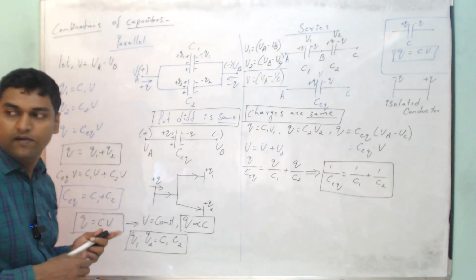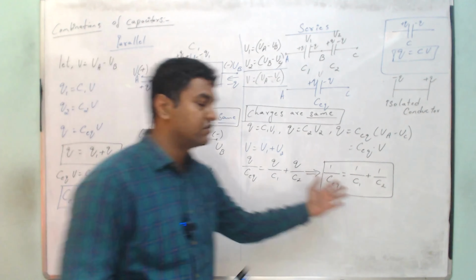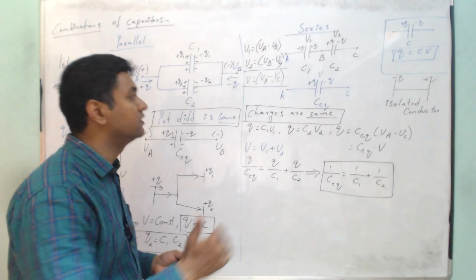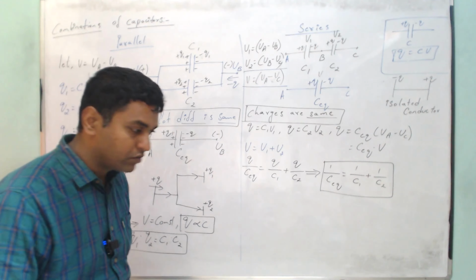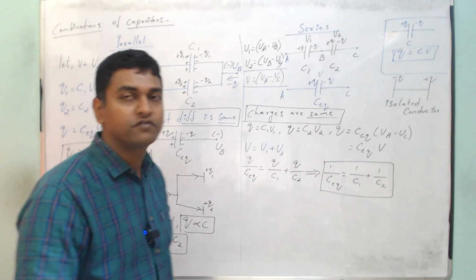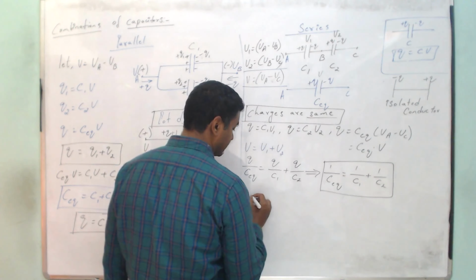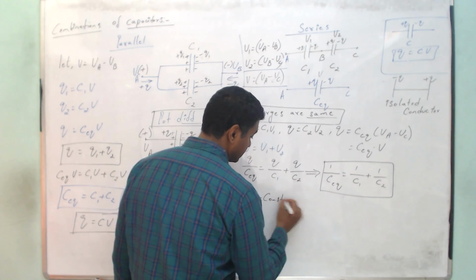Correct? Again, as I said, everybody will do this, but there is something else that we need to look at, which we will use in our problems to solve more efficiently. Okay? We are saying charges are the same over here. So that means Q is a constant, right? Yes, sir.